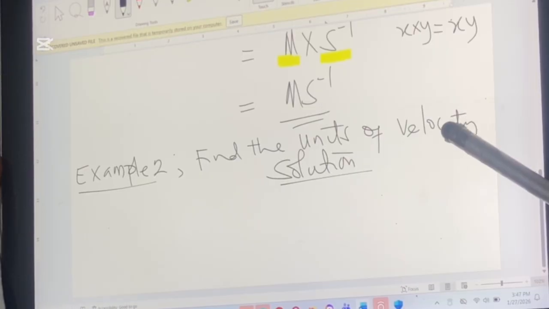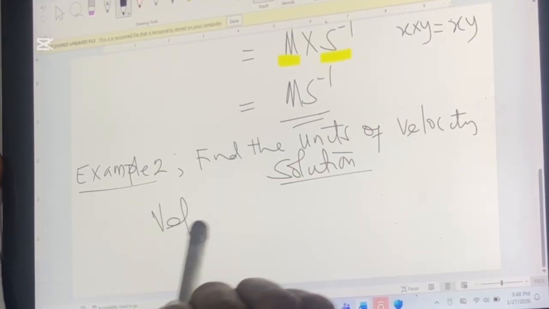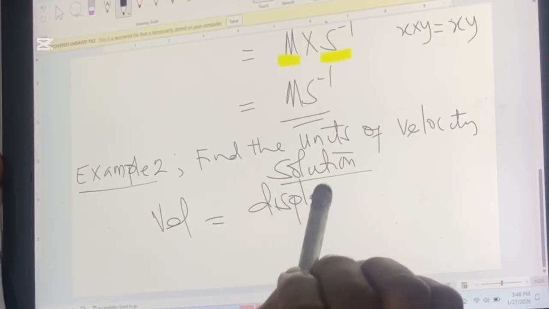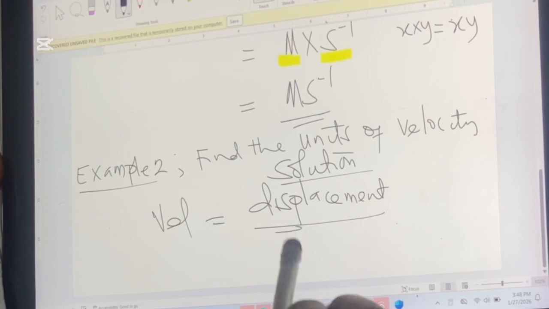Of course, the best method to use here is the formula method. And calculating any unit using formula method, the first step is to write down the formula. Class, let's write down the formula of velocity. Velocity is equal to displacement over time. Please take note.